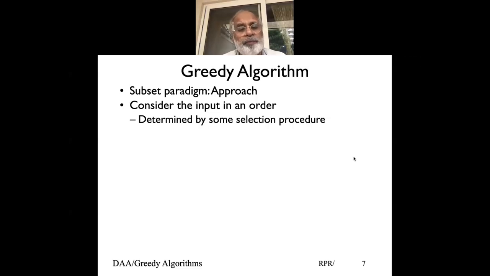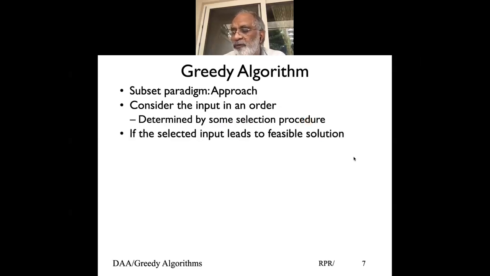You are given an input. In the coin problem, the input is the 1 rupee coin, 2 rupee coin, 5 rupee coin, and so on. In the case of visiting friends, the input is the distances to each house. We select an input based on some selection criteria, based on the objective function.